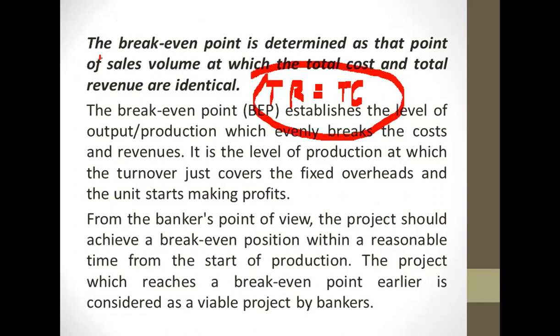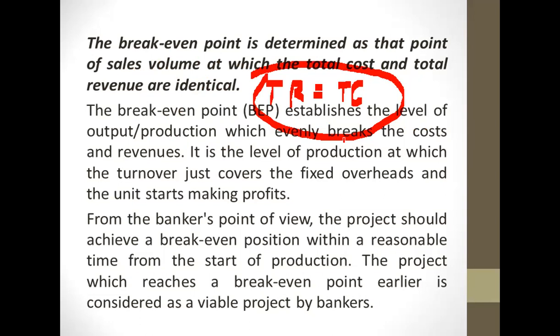The break-even point establishes the level of output production, which evenly breaks the cost and revenue. It's a level of production at which the turnover just covers the fixed overheads and the unit starts making profits.